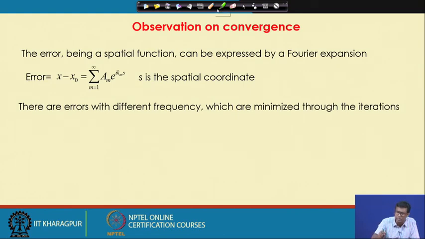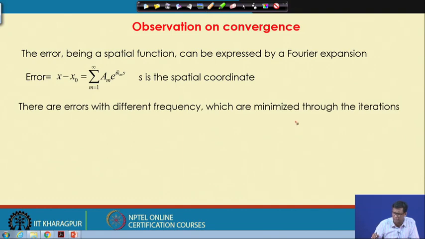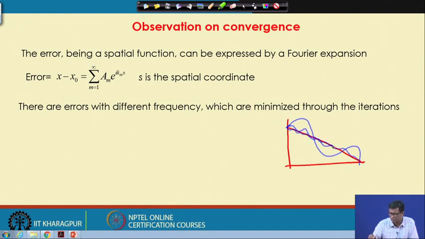So, in a sense we can say, initially this should be my right solution. Initially I start with the boundary condition, I start with a solution like this. Later the solutions will be something like this, later something like this, and so on.